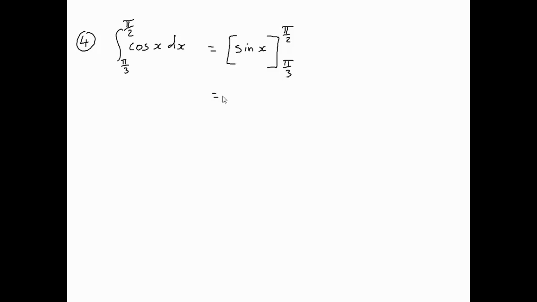What does that mean? Substitute the x's in. So upper limit sine pi on 2 minus sine pi on 3. Upper limit minus lower limit. Well, we know the sine of pi on 2 is 1. The sine of pi on 3 is root 3 on 2. So 1 minus root 3 on 2.